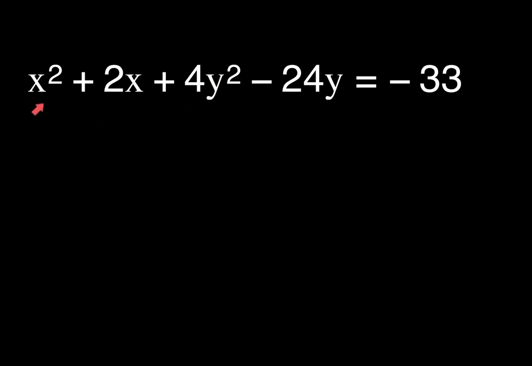They're either both positive or both negative. In this case, they're both positive. But the coefficient of the x is 1 and the coefficient of the y is 4. This being the case means that this will be an ellipse because they have different coefficients.